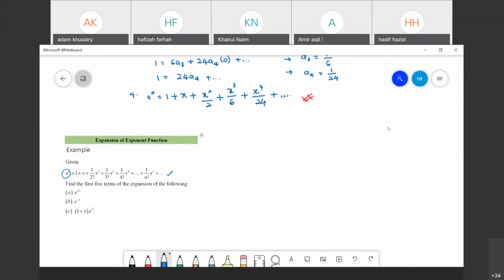So what we need to do is we just substitute our 2x into our x. So this will become 1 plus 2x plus 2x squared over 2 factorial plus 2x to the power of 3 over 3 factorial and so on.